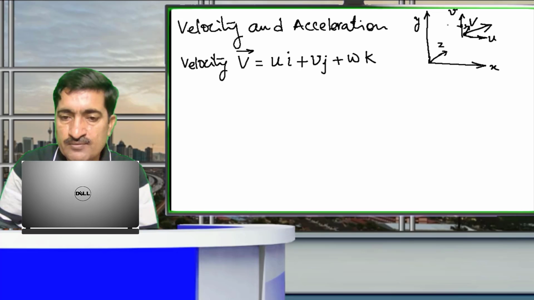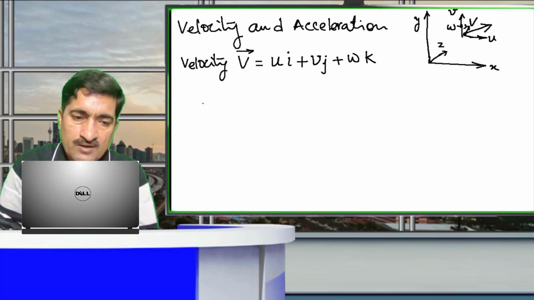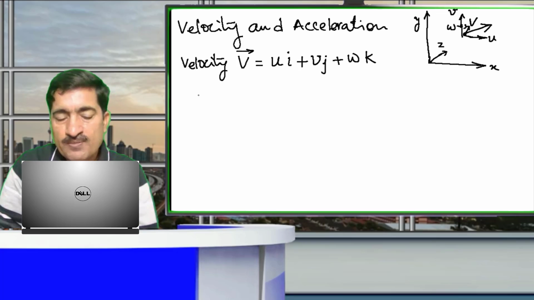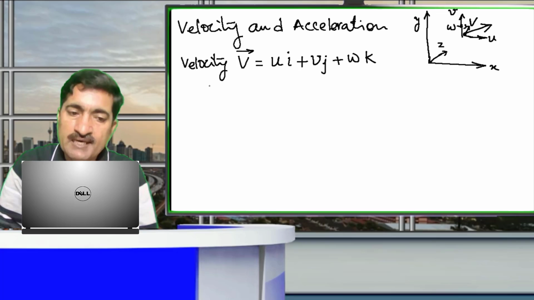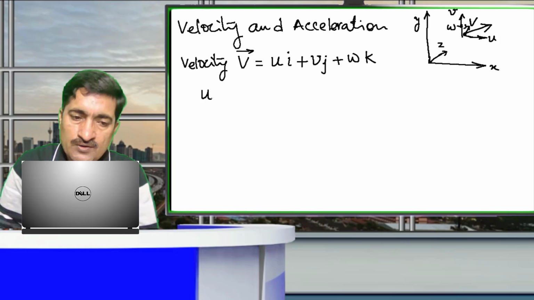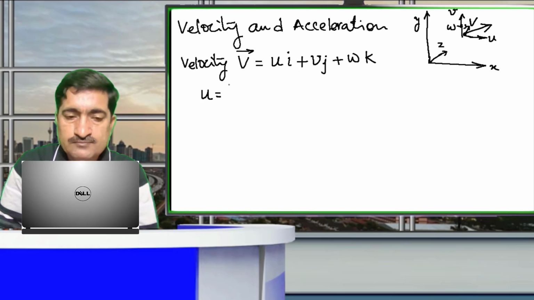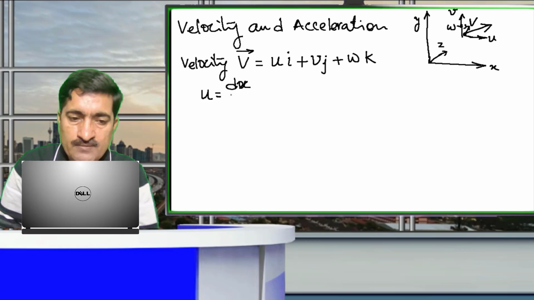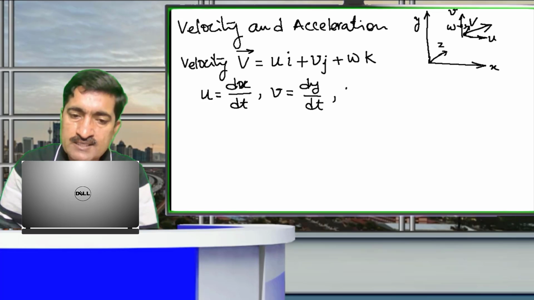The component of velocity in the x direction, u, equals dx by dt, the velocity v in the y direction is dy by dt, and in the z direction w equals dz by dt.